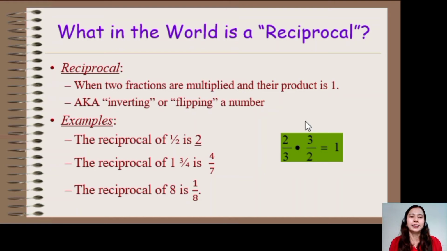So, again, when two fractions are multiplied and they are reciprocals, the product is always 1.